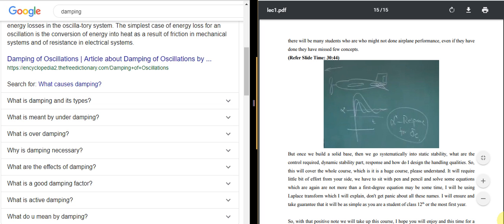That is why aircraft design is very crucial, because each part is so technical and so sensitive that we have to take care with a zero tolerance level.